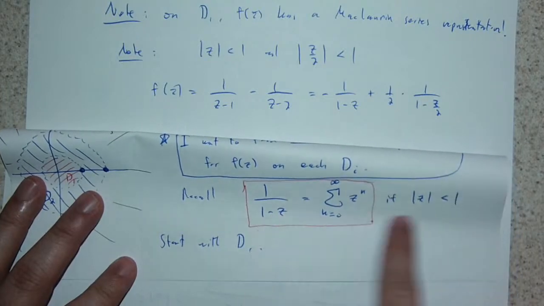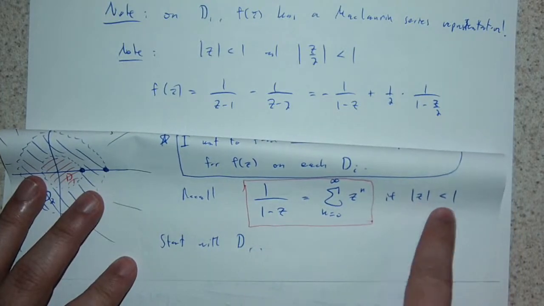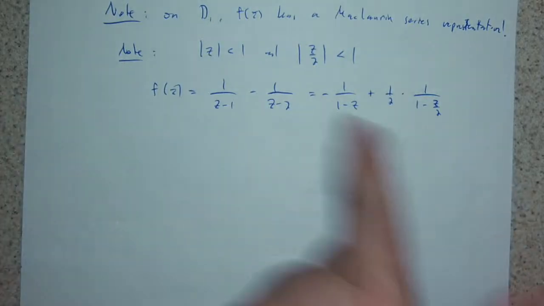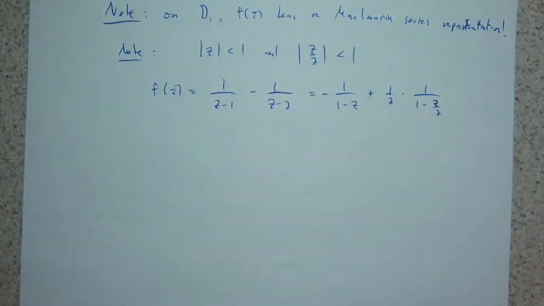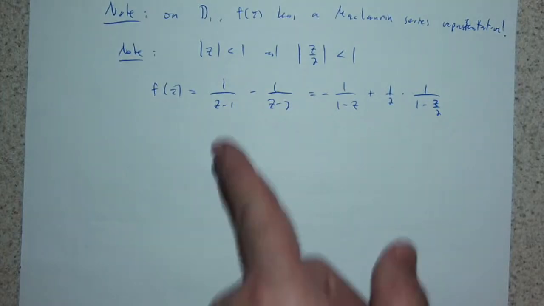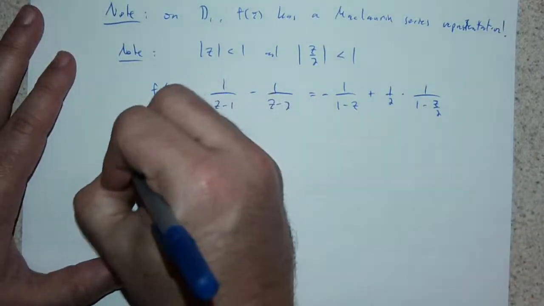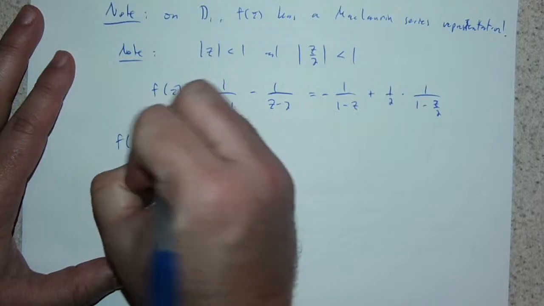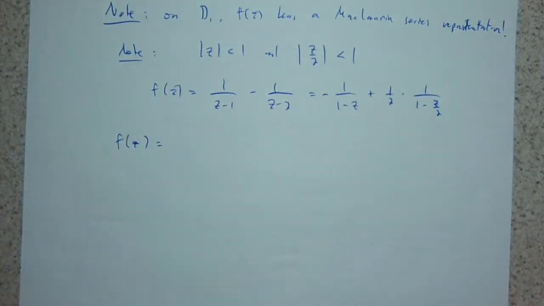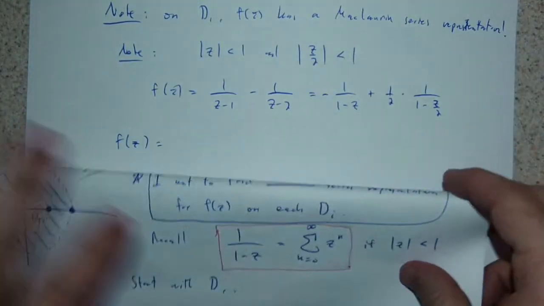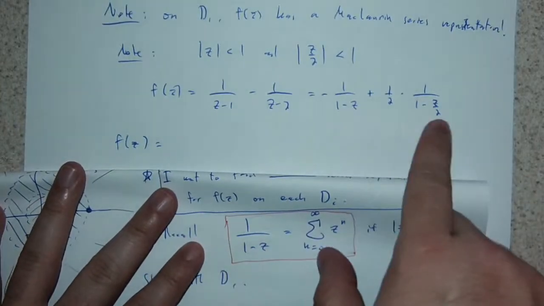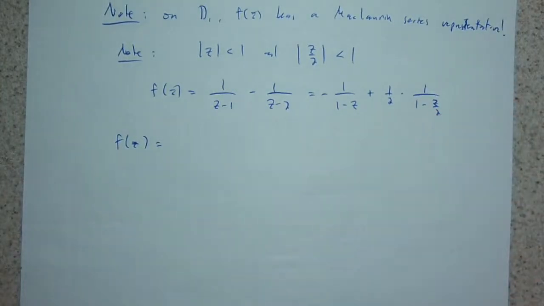I can do this so long as the quantity has modulus strictly less than 1. So that's why I checked and noted that z has modulus strictly less than 1, but also, if I'm on D1, z over 2 has modulus strictly less than 1. And so, writing f in this fashion, using that expansion I just boxed in red, in both places here, what is that going to be?